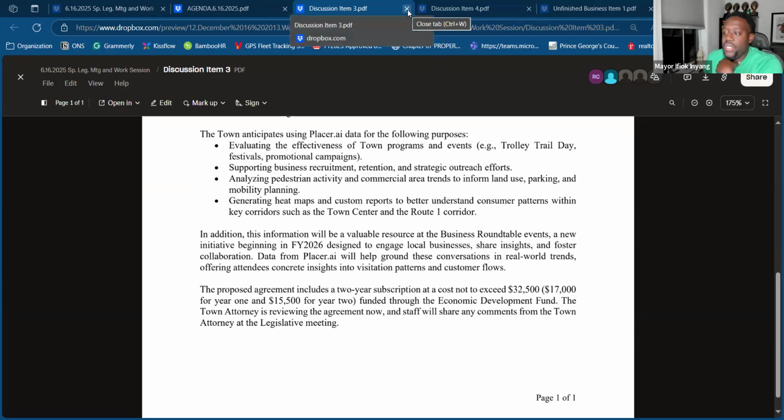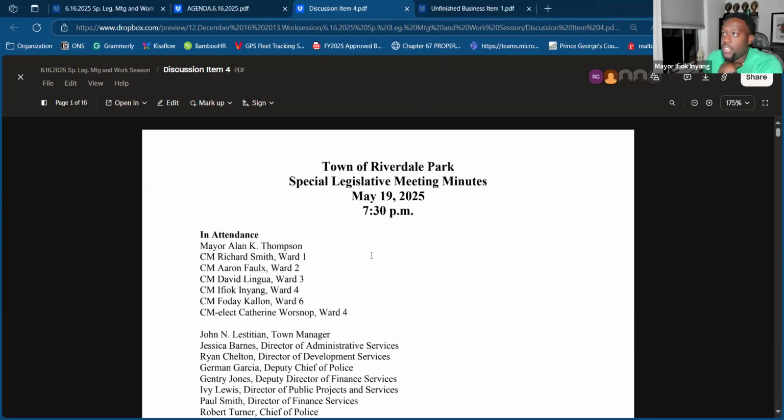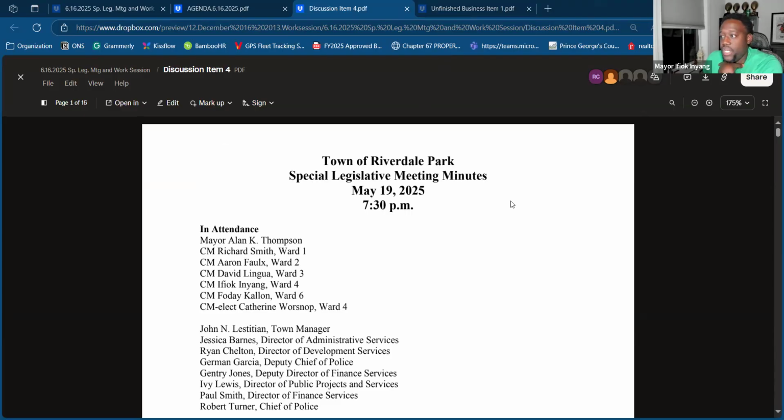All right, next on the agenda, we have minutes. There are minutes from the May 19th special legislative and work session, as well as the May 5th legislative meeting.